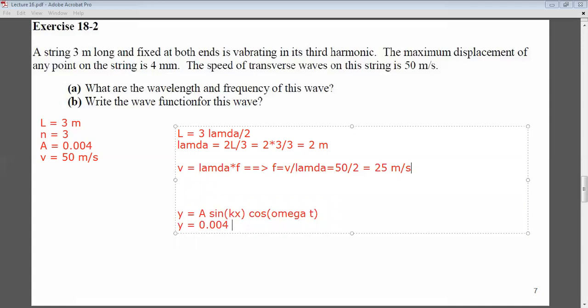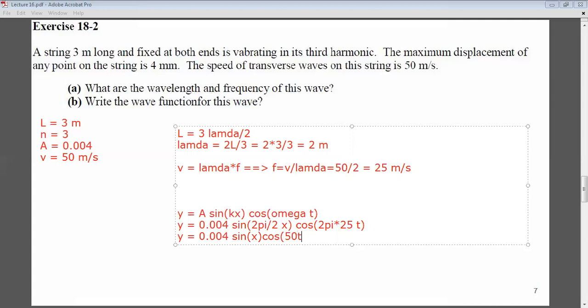So this is 0.004 sine of K, which is 2 pi over lambda, which is pi, times X, times cosine omega t, where omega is 2 pi F, which is 50 pi T. So Y is equal 0.004 sine pi X cosine 50 pi T. Okay.